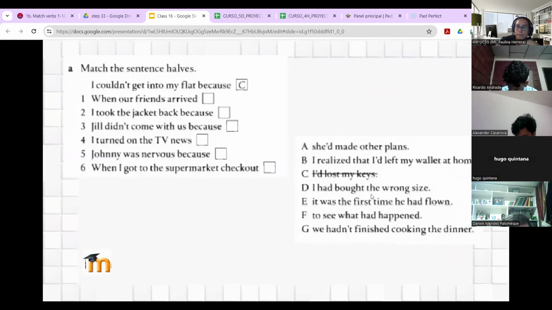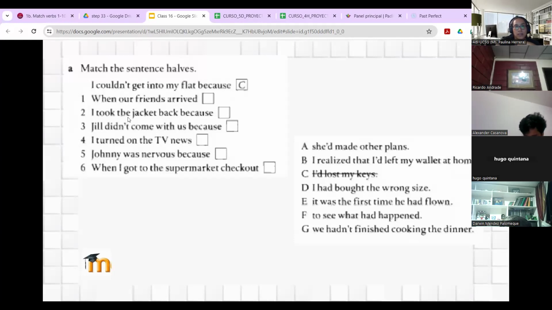Okay, we have: I couldn't get to my flat because, here we have one connector, I lost my key. So this happened first and then I couldn't get into my flat. Number one, when our friends arrived, this is in simple past.